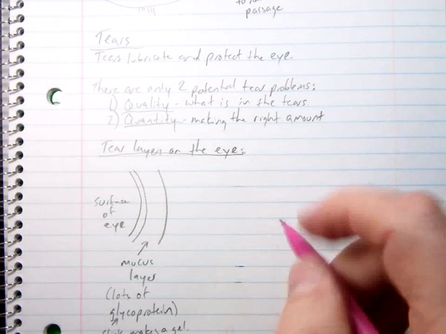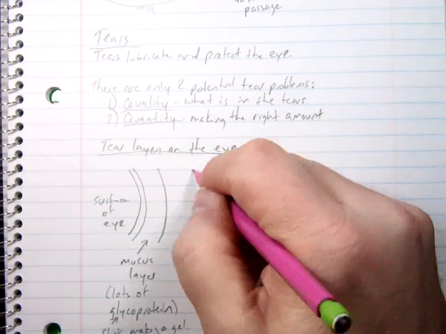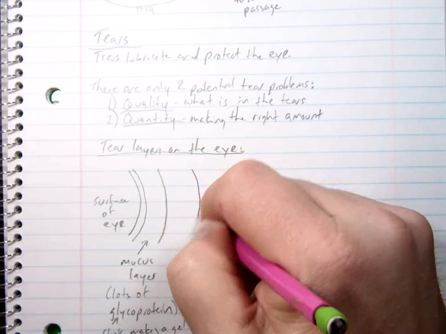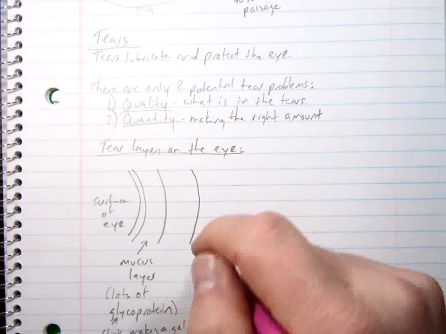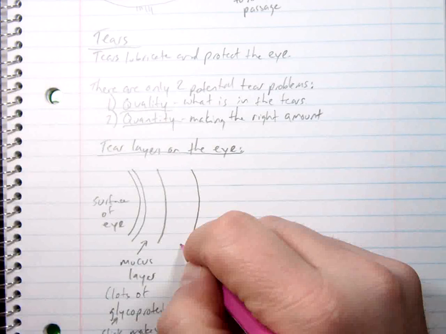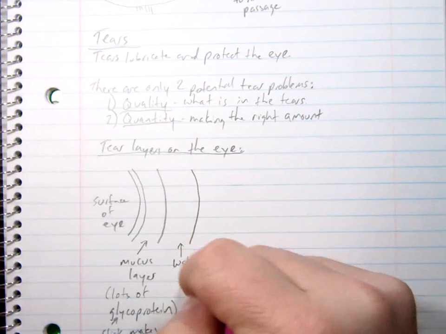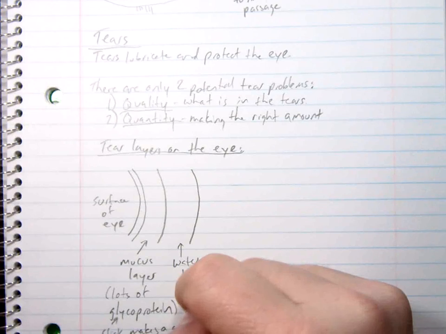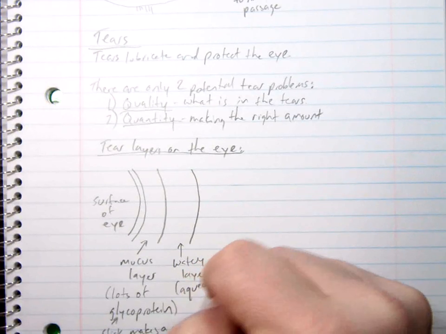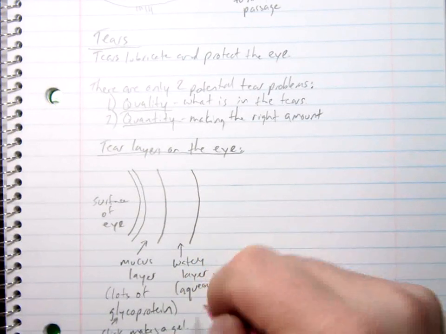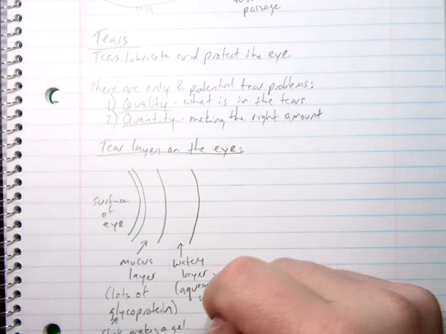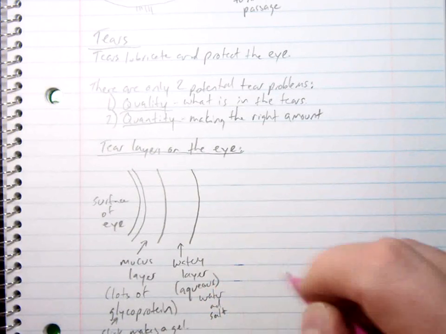So there's the mucus layer. The next layer, and these are exaggerated in their thickness here, so I want you to understand that, is the watery layer, sometimes called the aqueous layer. This is water and salt, and hundreds of other things, but that's the main deal that's in there.